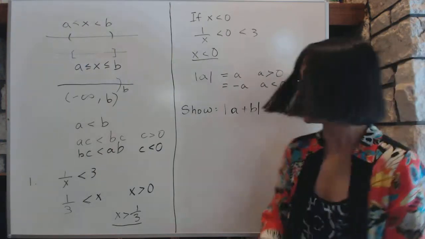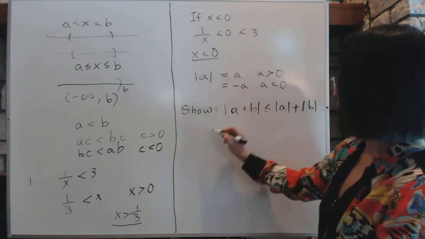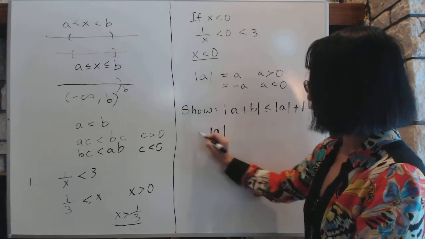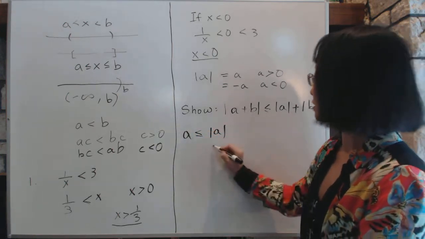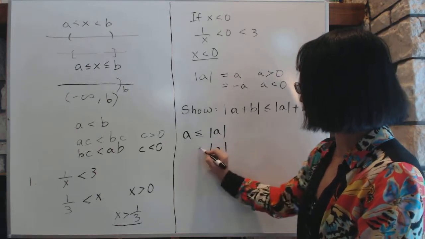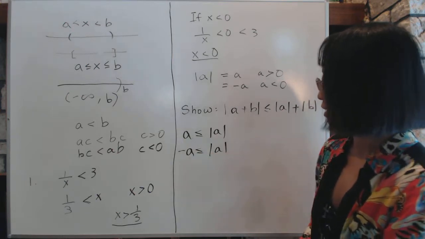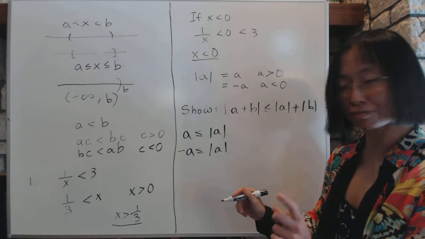The way you prove that is you go about like this. First you look at A: the absolute value of A is going to be bigger than or equal to A itself, right? And similarly, it is also going to be bigger than or equal to the negative value of A. Well, that is by the definition. In other words, it's just the distance from the origin.